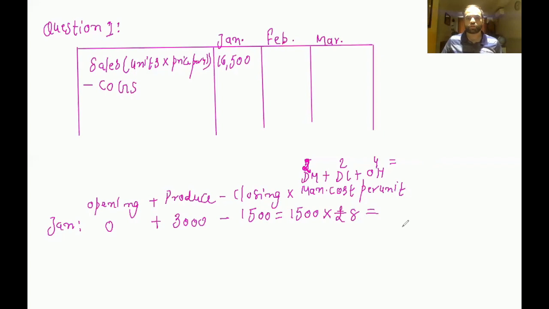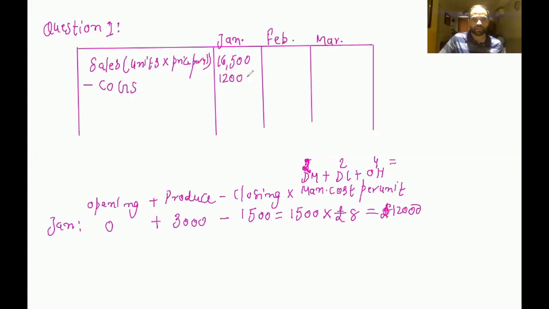So cost of goods sold is, how much is cost of goods sold? 12,000. That's right. 12,000 is the cost of goods sold for January.